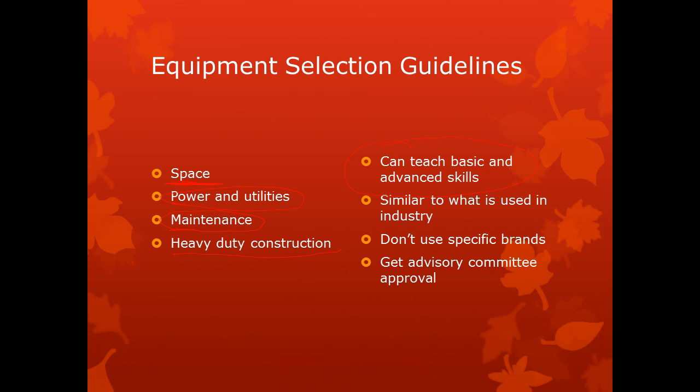They had no problem doing either basic or advanced drafting on those things because they all function the same way. Those old elbow drafting machines. It's just the skill of the user that got better and better and better as time went on. But that's not always the case. And again, we ought to try to use the same kind of equipment that's being used in industry, and sometimes that's easy to do, sometimes it's not.